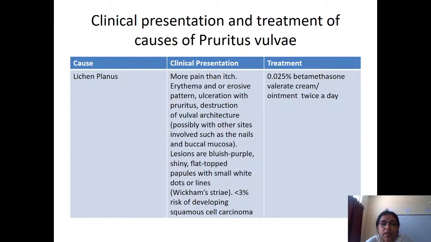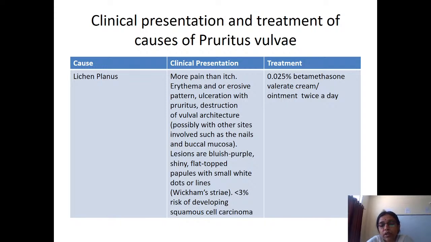As the nails, unlike the lichen sclerosis. So in lichen sclerosis it is only the perineal area that is involved, whereas in lichen planus the lesions tend to be seen in other sites as well, mostly in the nails as well as on the buccal mucosa. The lesions are a bit bluish purple, shiny, flat top papules, and you find small white dots or lines. These are labeled as Wickham striae.